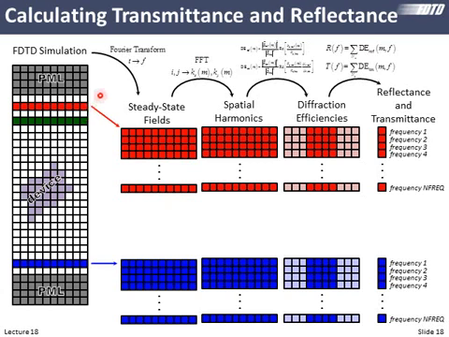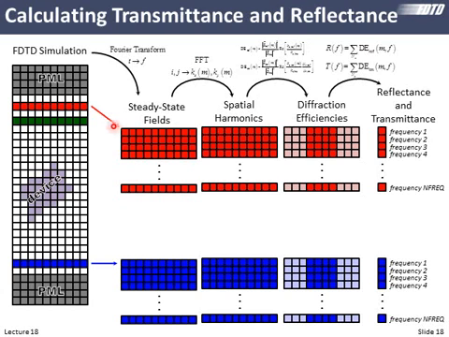Now, for every frequency that we're interested in, and very often we're plotting transmission and reflection versus frequency, and there's hundreds of frequencies. So for every frequency, we store the horizontal width of the grid. If we're interested in 100 frequencies, we'll do that 100 times.